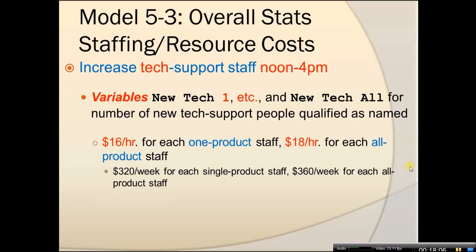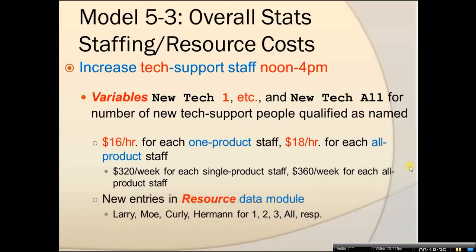And so for the 1 product staff people, we're going to get $320 per week, because we have a 4-hour day for those people and then 5 days. So 4 by 5 is 20. Then 20 by 16 is 320 per week. And similarly, 18 by 4 by 5 is going to give us 360 per week for each all product staff person. And so we'll use that information later when we define the overall operational costs.